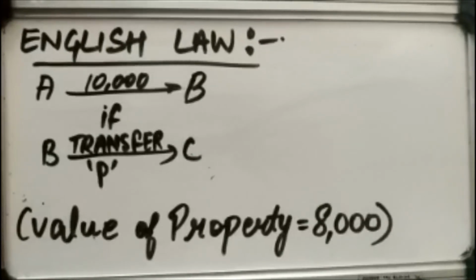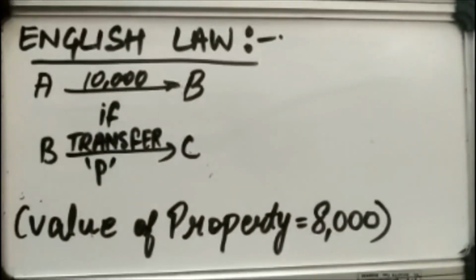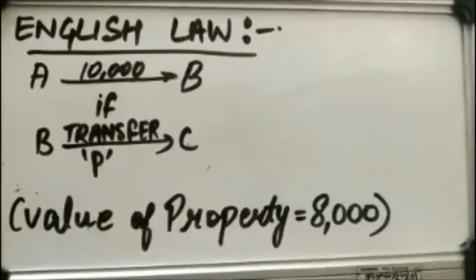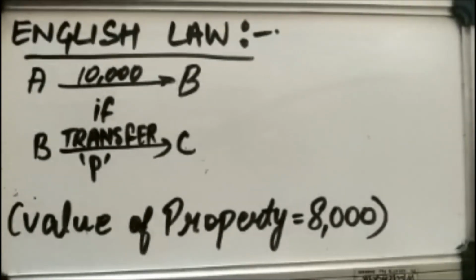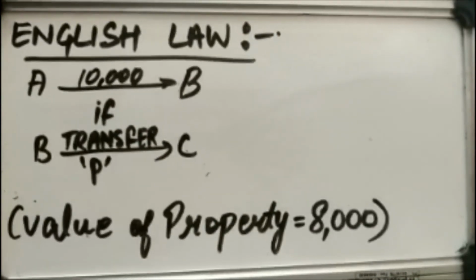Here is an illustration to understand the English law. A, the transferor, confers to pay 10,000 rupees to B, the owner, if he transfers the property P to C. The value of the property is 8,000 rupees.